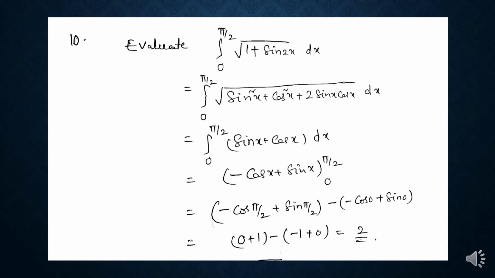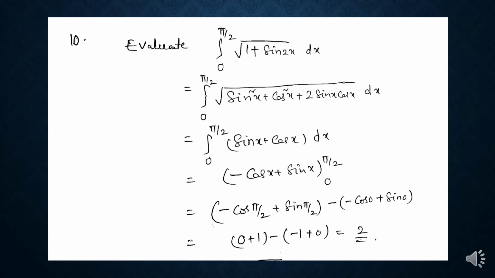Integral from 0 to pi by 2 of (sine x plus cos x) dx. First we integrate the function. Integral sine x dx is minus cos x, plus integral cos x dx is sin x, from 0 to pi by 2. After the integration, substitute the limits.